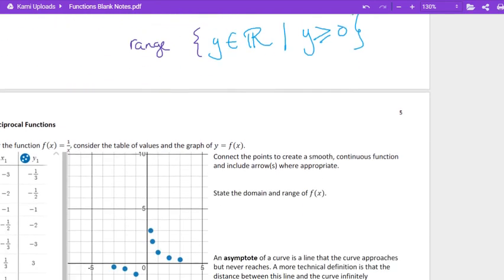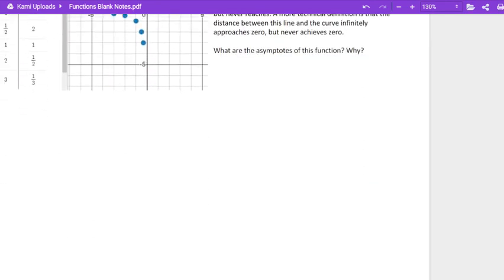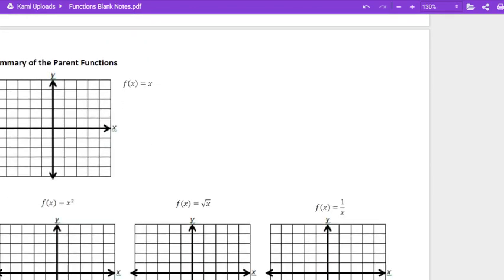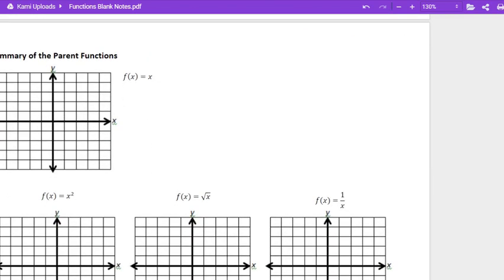Okay. So what I want to do right now is fast forward to our summary of parent functions. We're going to do one parent function at a time. A parent function is the basic function with no transformations.